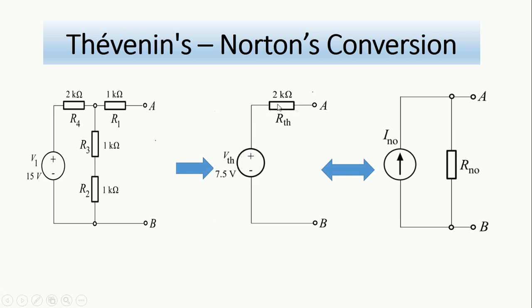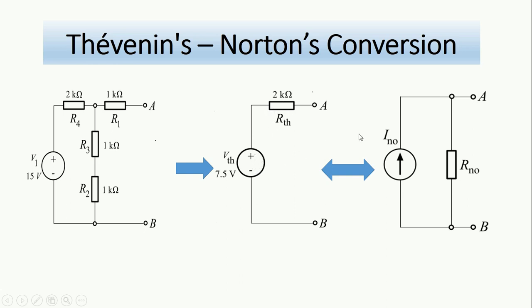This would be 0. Then the current in this circuit would be only determined by the load that we put across these two terminals. Ideal voltage sources do not exist in reality, so we always have an internal resistance as we see here. So this is a voltage source.